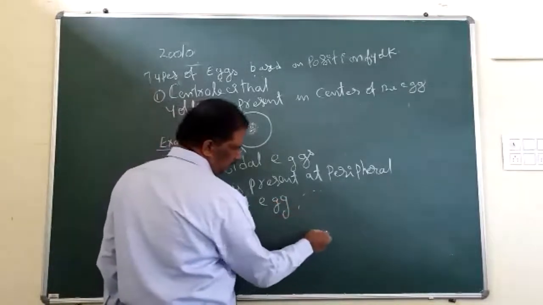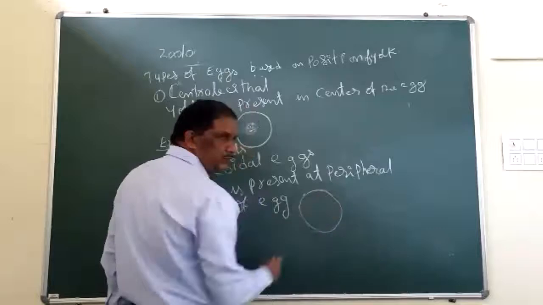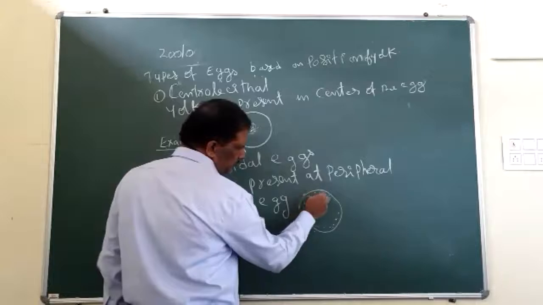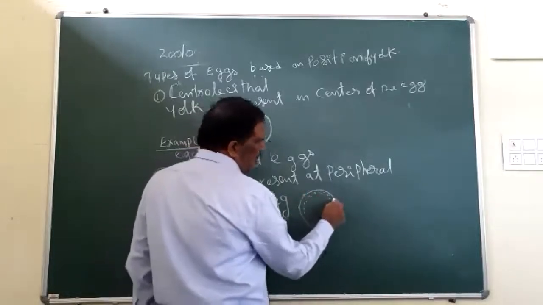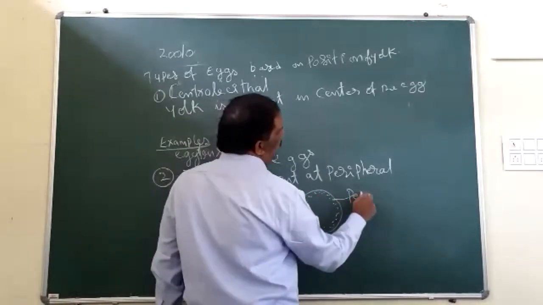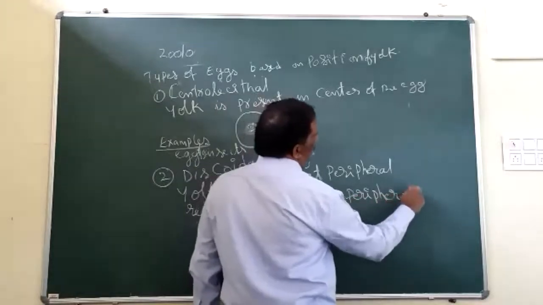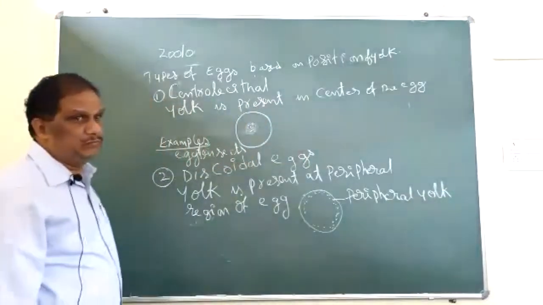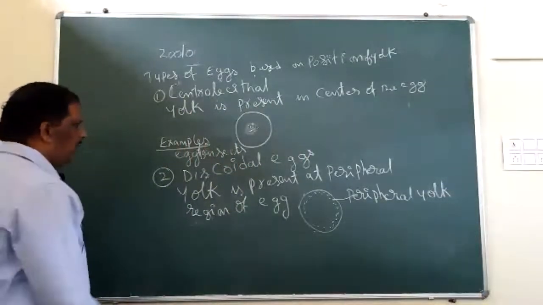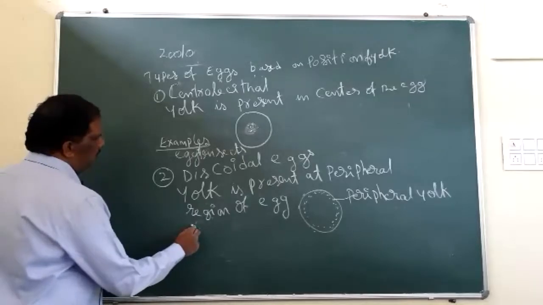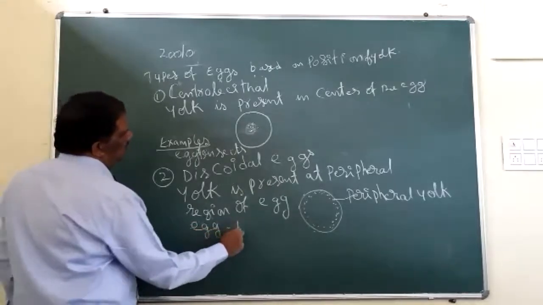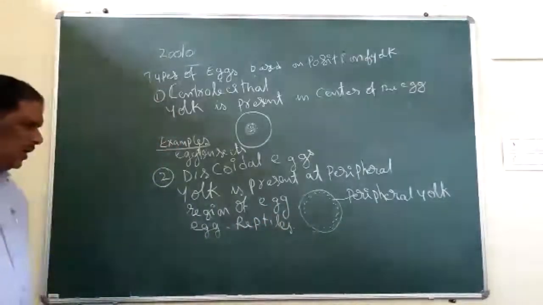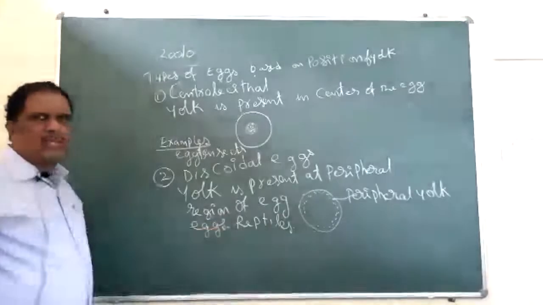Peripheral means, this is the egg, so here this is the peripheral yolk. Peripheral means sides. Here, eggs of reptiles.